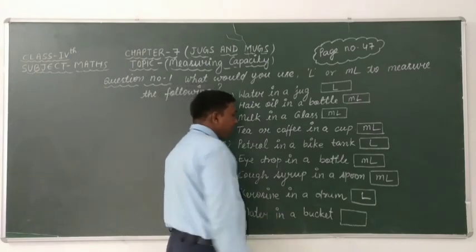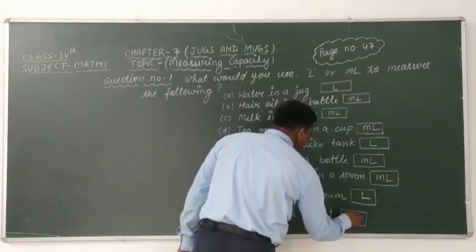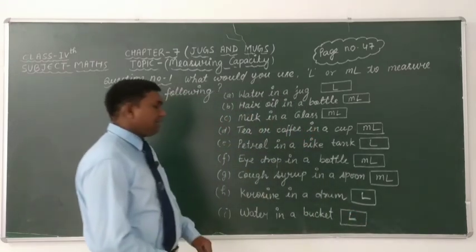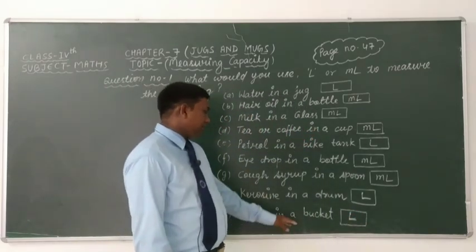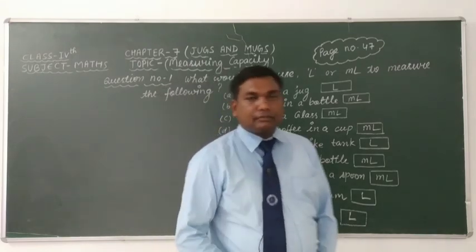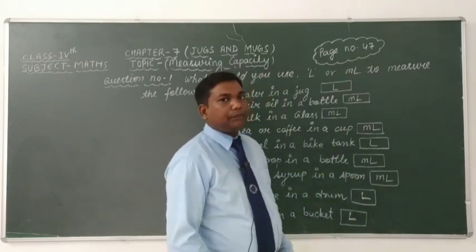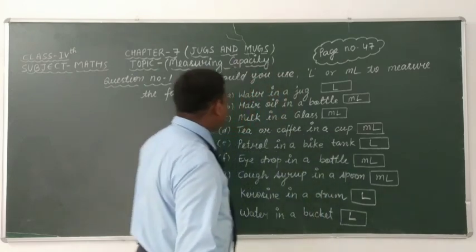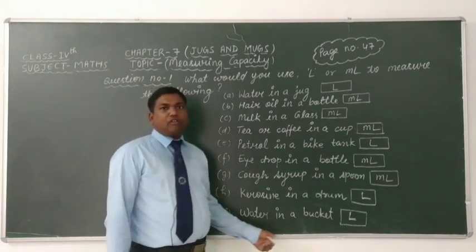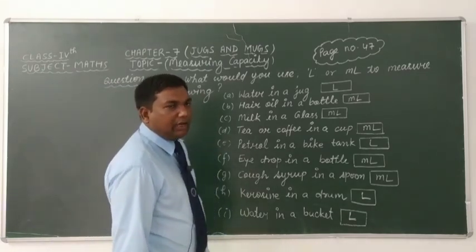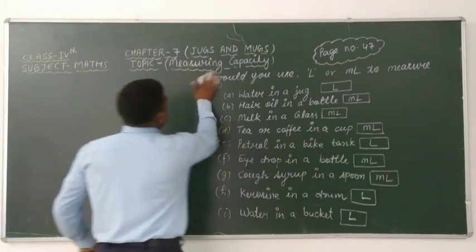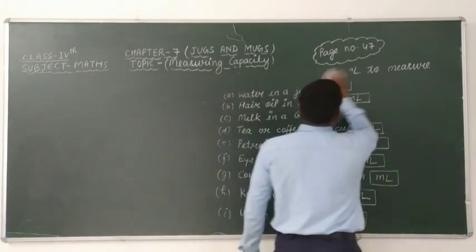Similarly here we use liter for measuring the water in a bucket, because a bucket has larger capacity. Okay, understand? Okay students, please write in your maths fair copy and book both. If you have any doubt, please ask me.